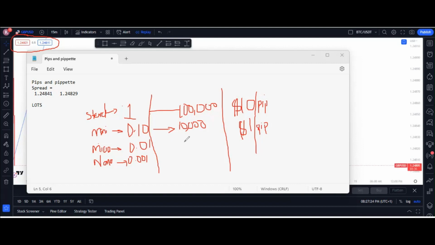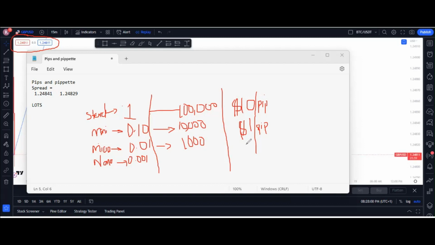Then micro lots, you place 0.01. You can do this in any account. That's what it means. This is 1,000 units of that currency, and your pip movement will be like 1 cent.